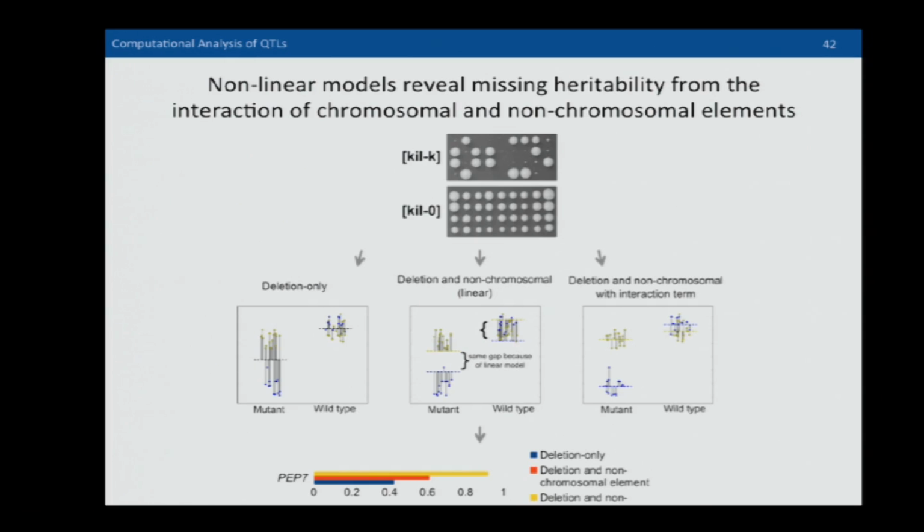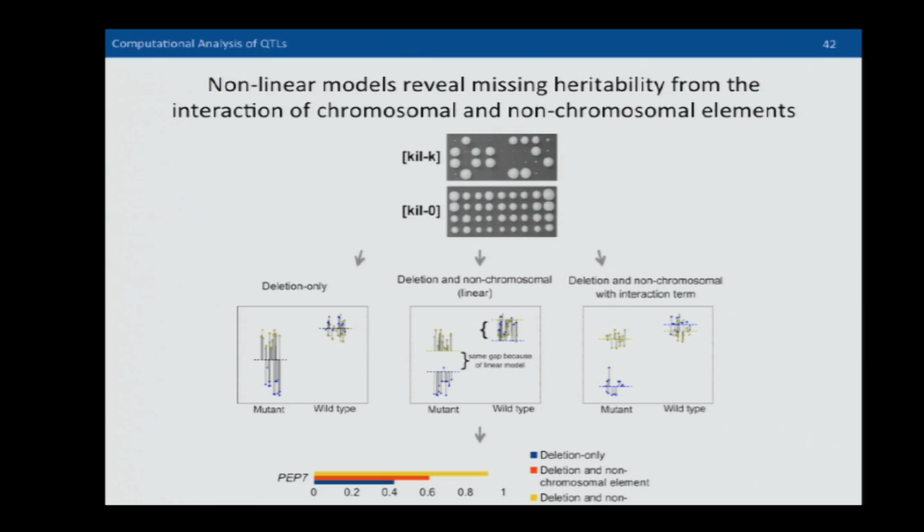And the yeast with the same genotype above, those are all tetrads. 2 out of the 4 are growing, the other 2 are not, because the other 2 have a particular deletion. And if you look at the model, a deletion-only model, deletion-only is only looking at the chromosomal complement, doesn't predict the variance very well.